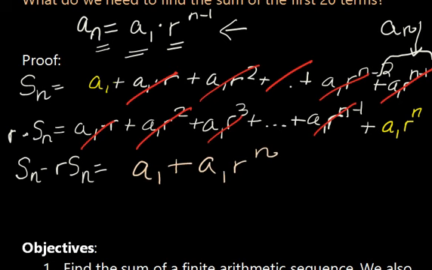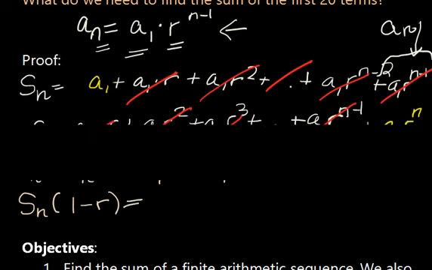Now on the left hand side, let's simplify this and extract s sub n, so we have 1 minus r remaining. And on the right hand side, let's take out a sub 1, which leaves 1 minus r to the n.